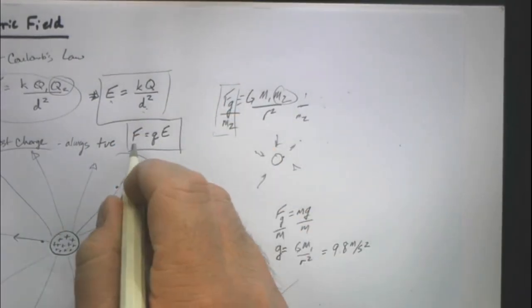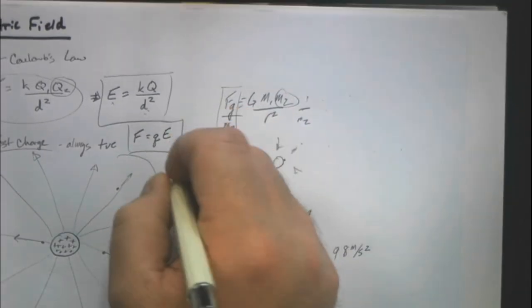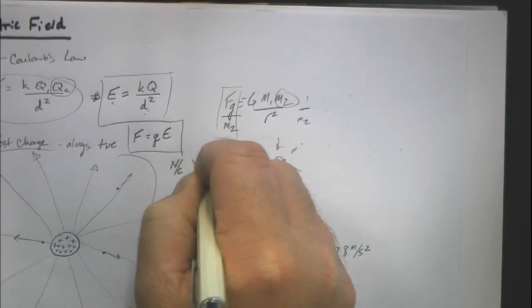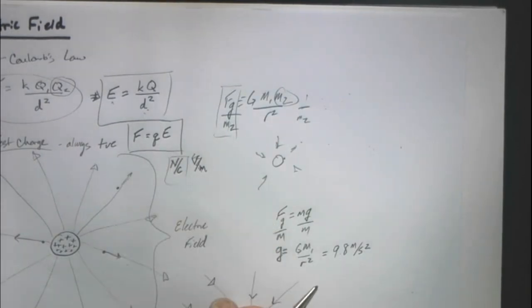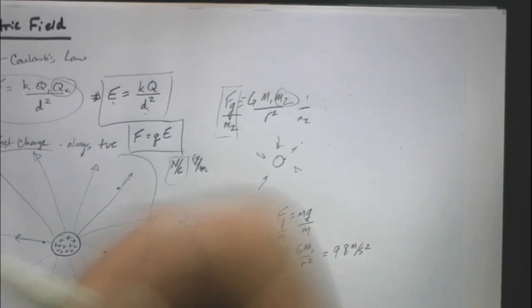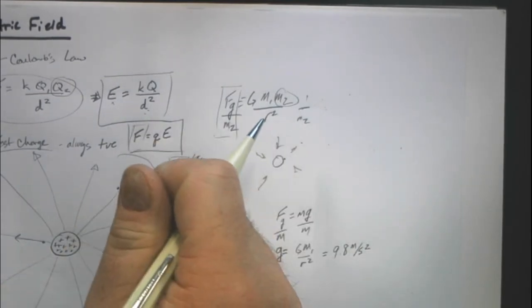Okay, so our force is equal to coulombs times our field, and our field is in terms of newtons per coulomb or volts per meter, but you don't really need this one yet. We need newtons per coulomb. All right, so it's our force per unit charge, and if we multiply it by the charge on the thing that enters the field, then you're going to get the force on that object. Okay, so that's what you're going to need for your homework tonight.